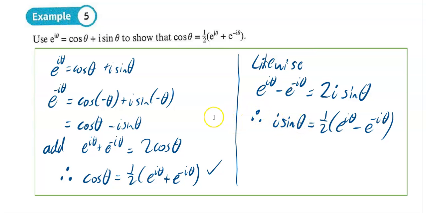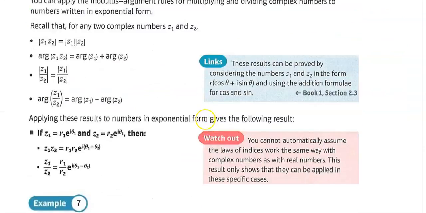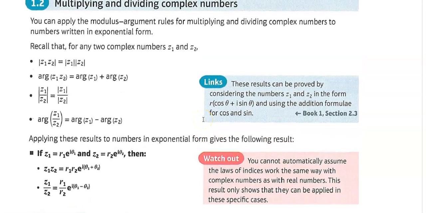Okay, multiplying and dividing by complex numbers. Basically, if you have two complex numbers, z1 and z2, and if you multiply them, then the modulus of z1 times z2 is just equal to the modulus of z1 times the modulus of z2.